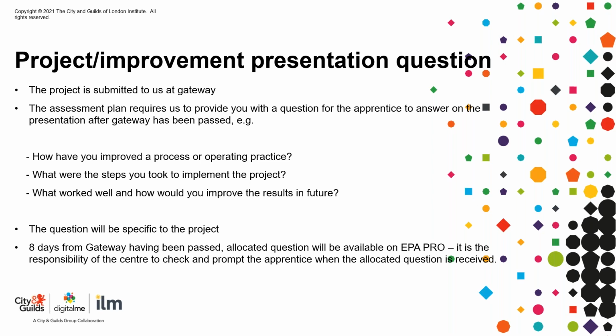At the moment, it's the responsibility of the centre to check and prompt the apprentice when the allocated question is received, but later on, hopefully this will be an automatic notification which is set up. But at the moment, just make sure that you check for it.